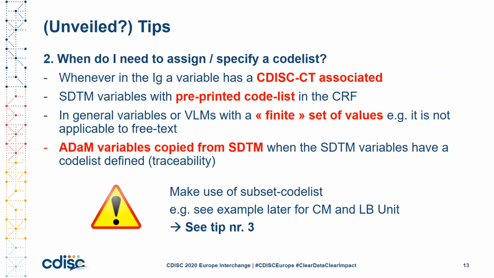This of course applies to SDTM, but in general, I would specify a code list whenever a variable has a finite set of values. As such, I would not create a code list for a free text variable. With regards to ADaM, the same rules apply here. And in my opinion, for the traceability principle, variables copied from SDTM into ADaM need to bring from SDTM the same set of metadata, including the assigned code list.